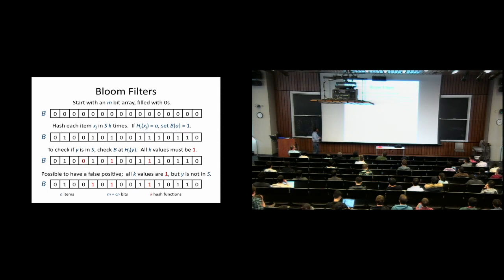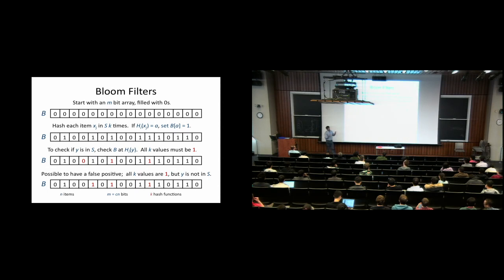We'll get to some applications for why you might care about that in a slide or two. But before that, here's the one slide showing why this is such a great data structure. In one slide, I can present what a Bloom filter is. We start with a bit array with all bits set to 0 initially. We have a bunch of keys. For each of those keys, we hash the key k times, where you can think of k as a small constant right now.